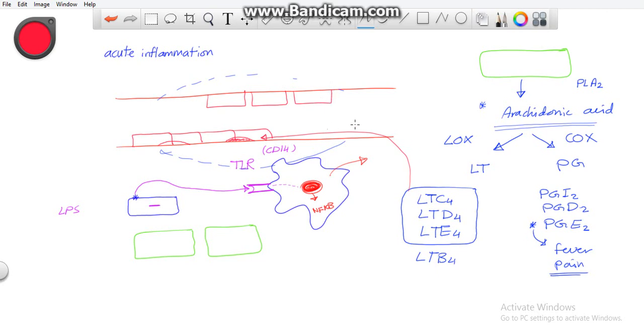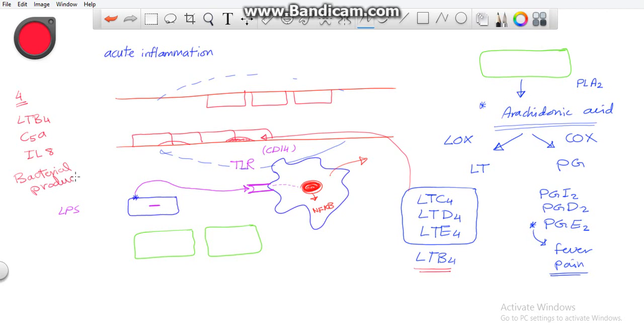Now the leukotriene B4. You should remember that this is an attractant, a substance that attracts neutrophils. Remember something that is really high yield and important: neutrophils are attracted by 4 factors: leukotriene B4, C5a from the complement system, interleukin 8, and bacterial products.